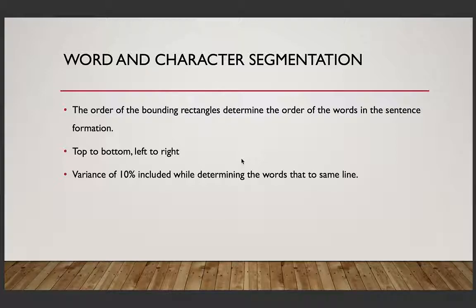Currently there is a variance of 10% included in our programs, because there are many scenarios where the bounding rectangles are not exactly in the same line, even though they appear to be in the same line. Their x and y coordinates vary, and by including a variance like this, we can make sure that all the y coordinates within a 10% range are part of the same line.